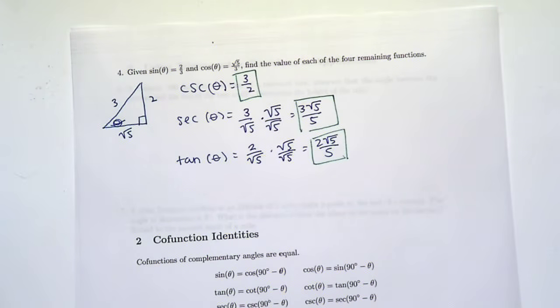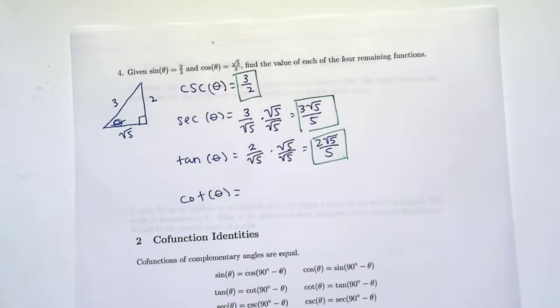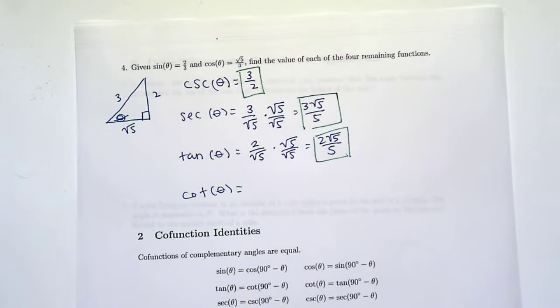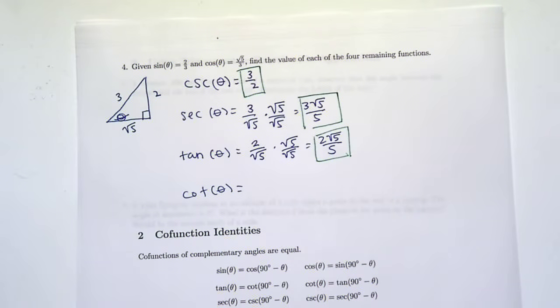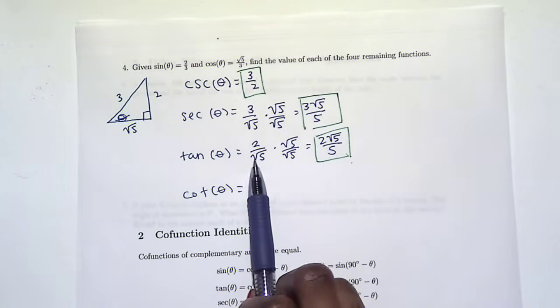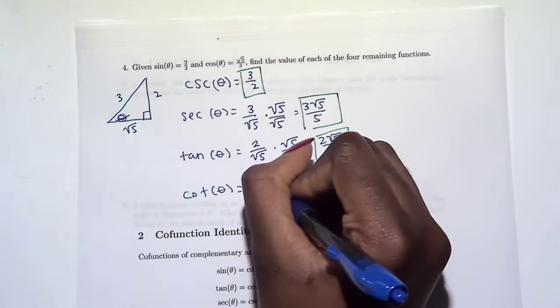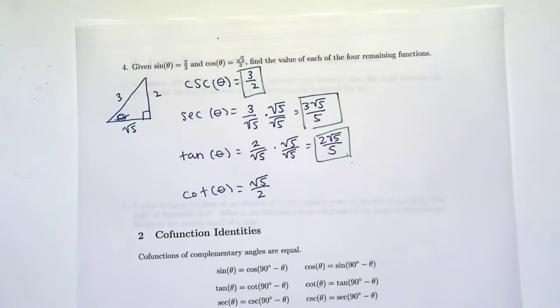And then finally the last one, so we only have 4 left, cotangent theta. Remember, cotangent is the reciprocal of tangent. So we can just flip this one. However, it may be better to flip this one so we don't have to do any extra work. So √5/2.